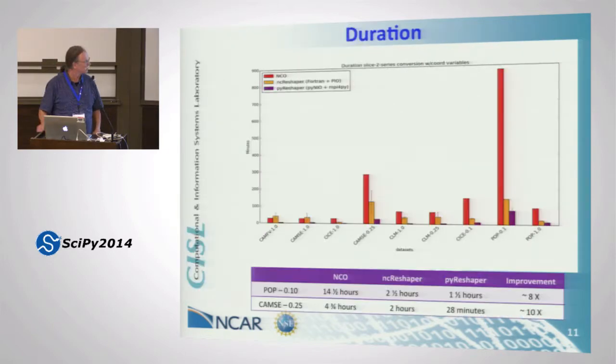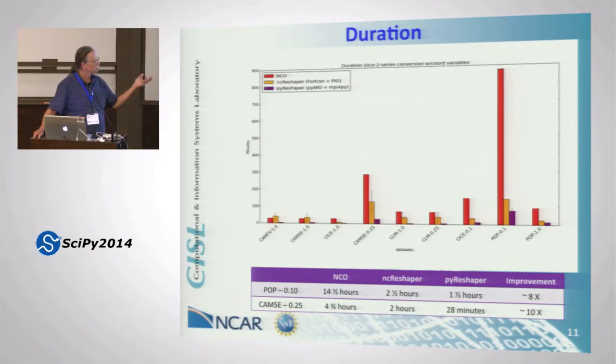So here's that same comparison, but now we've limited it to the best performing tools, plus NCO as the benchmark, and you can see that this is duration here, and we've reduced that 14 hours down to an hour and a half for the POP tenth of a degree grid.